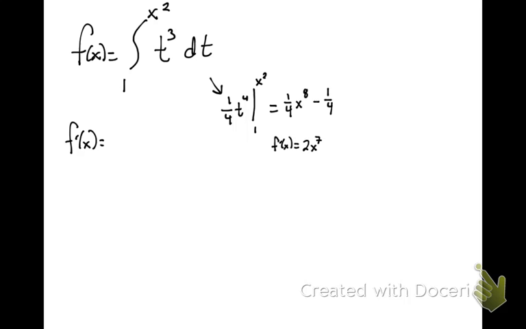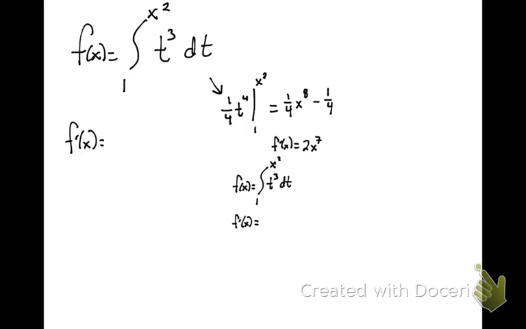But what's going to happen a lot of times to test your knowledge of the fundamental theorem of calculus is it'll be something whose integral you couldn't take. So if we started over, there is some function, and what we know about it is the integral from 1 to x squared of t cubed dt, and we want to know its derivative. And its derivative always has to be equal to this.